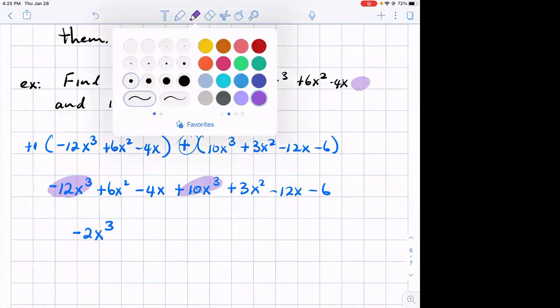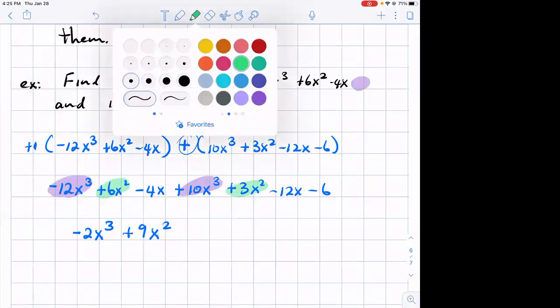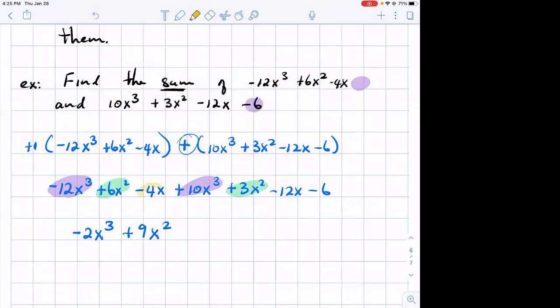Then we go down the line. Next term here, we have a 6x squared. Do we have any other x squared term? Yes, we do. So positive 6, positive 3 becomes positive 9x squared. And then we move down the line again. We have a minus 4x here and a minus 12x here, so that becomes minus 16x.